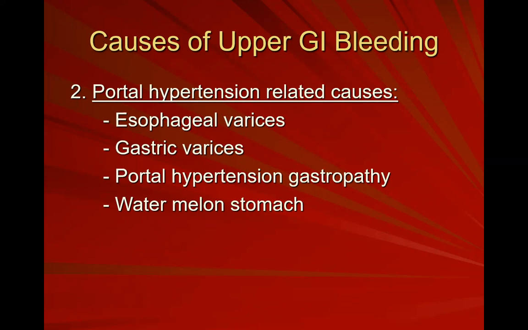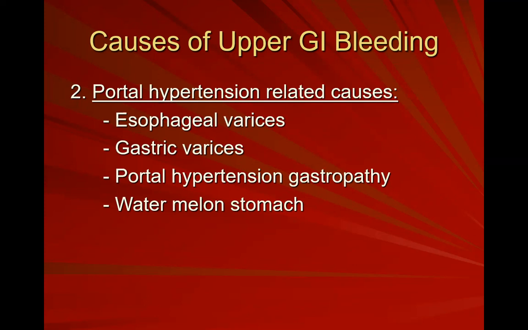The second cause of upper GI bleeding would be portal hypertension. And what do you mean by portal hypertension? Exactly.